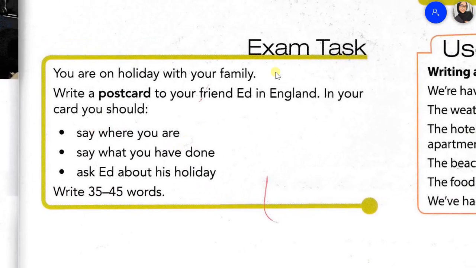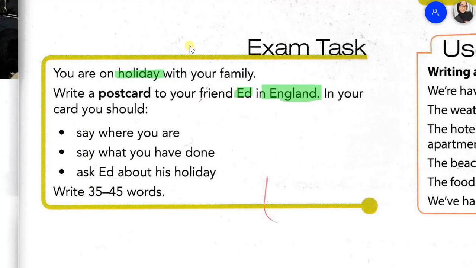Okay, now let's read the exam question. You are on a holiday with your family. Write a postcard to your friend Ed. What's the name of your friend? Ed. Ed is in England. Make sure when you write down the address, it is in England, not in China.